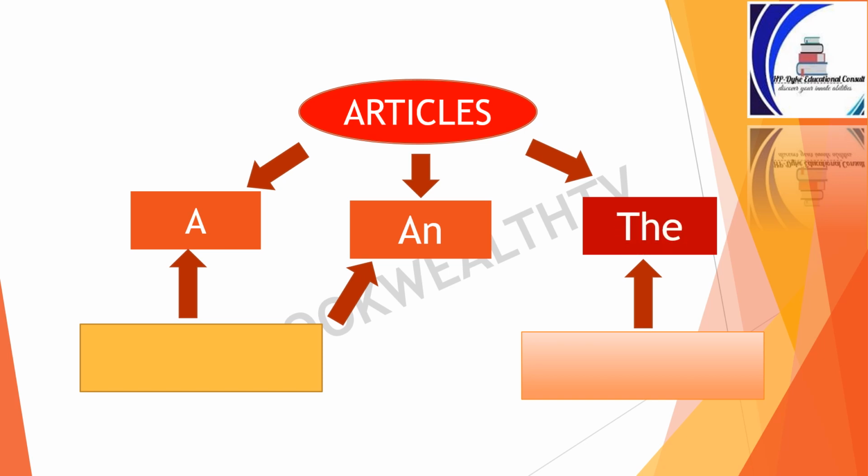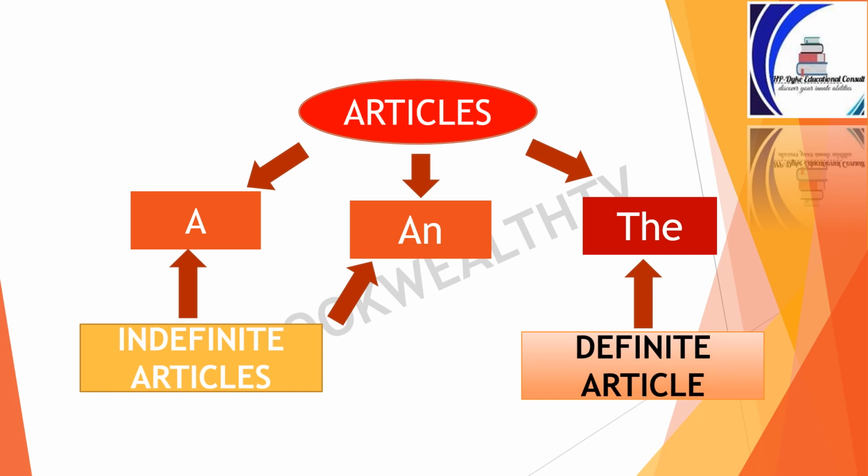A and an are classified as indefinite articles, while the is referred to as a definite article. Endeavor to join me to the end to get the best of this lesson. Let's get started.